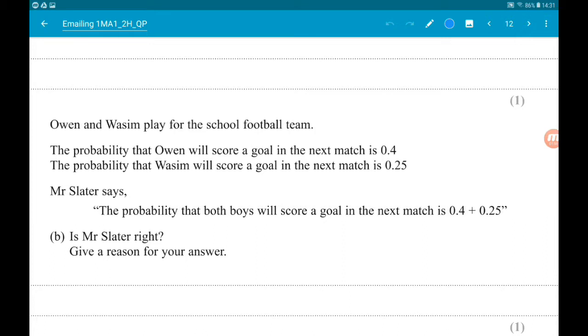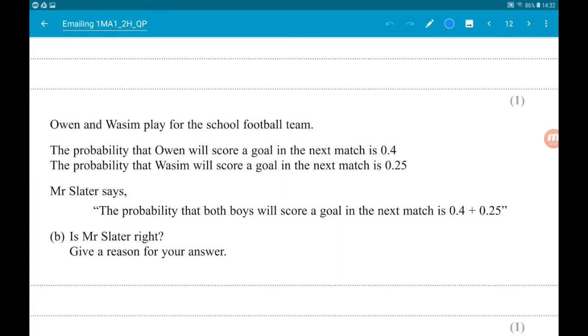The probability that Wasim will score a goal in the next match is 0.25. Mr. Slater says the probability that both boys will score a goal in the next match is 0.4 add 0.25. Is Mr. Slater right? Give a reason for your answer.